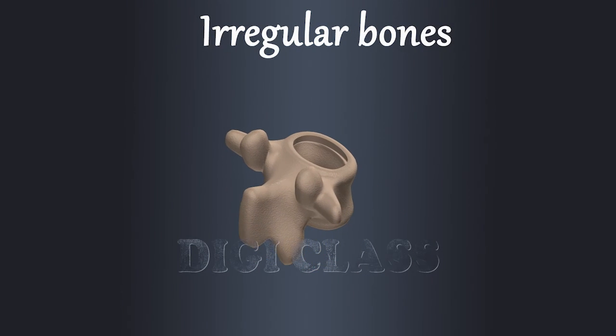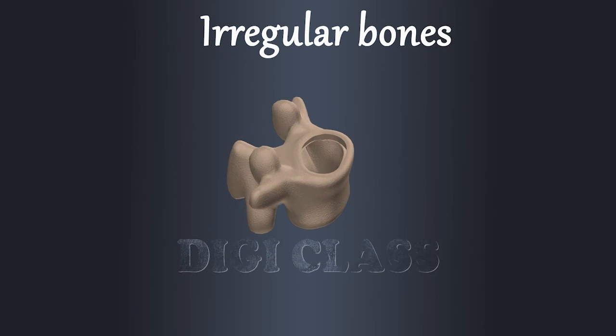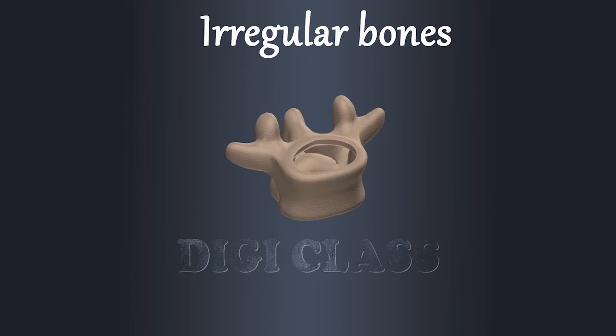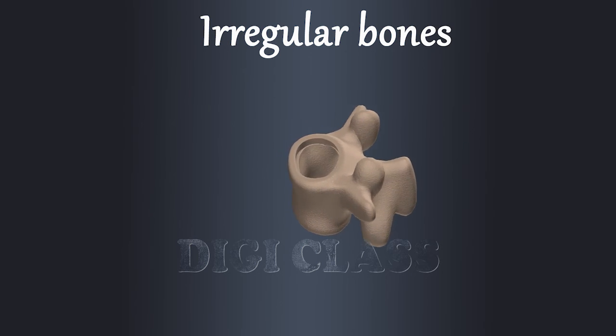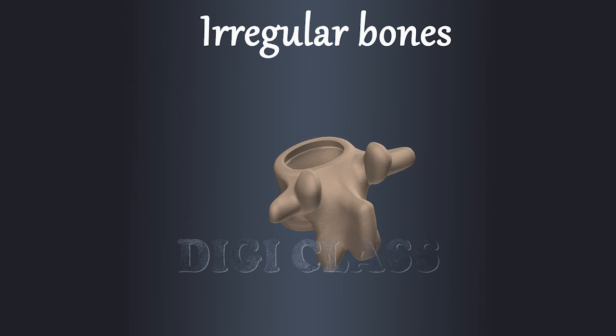Irregular bones. An irregular bone is one that does not have any easily characterized shape and therefore does not fit any other classification.